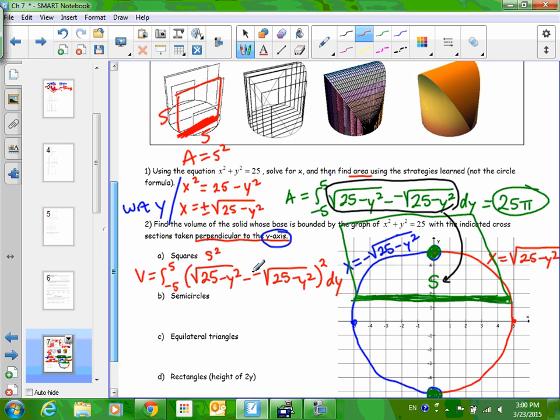It has to be an expression squared. And the expression is going to be right minus left. Always? Well, if you're with respect to y, yes. If we were with respect to x, what would we do? Top curve minus bottom curve. And that is really the hardest part to get straight. Once you get that straight, a lot of things fall into place.